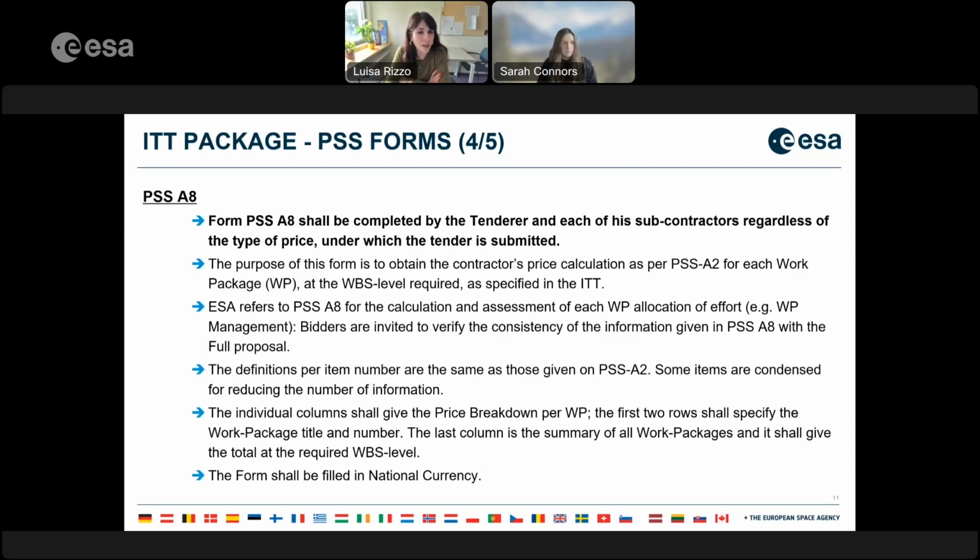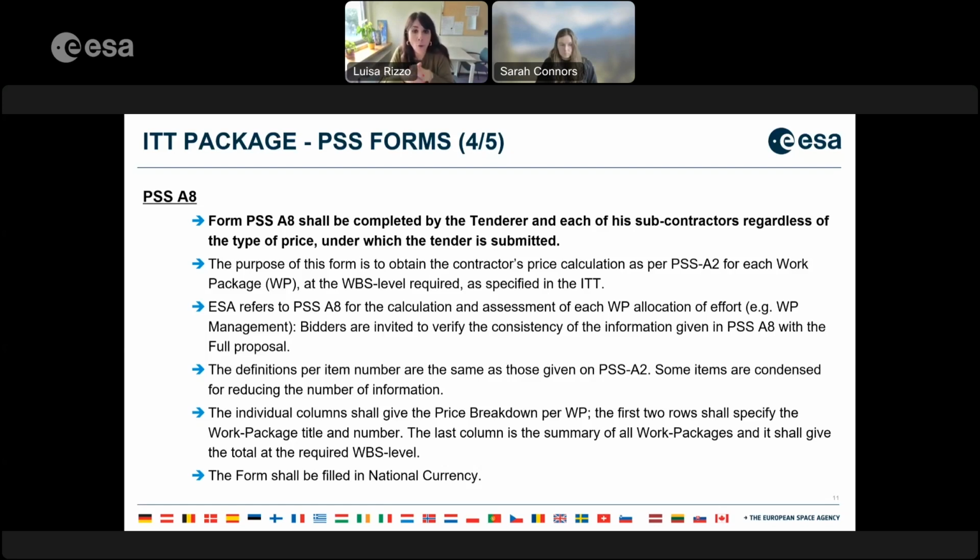And most of the times there are a lot of discrepancies between the information provided in the PSS A8 and in the full proposal, more in detail, in the key personnel table, so the table containing the overall allocation of effort for each of the proposed key personnel.